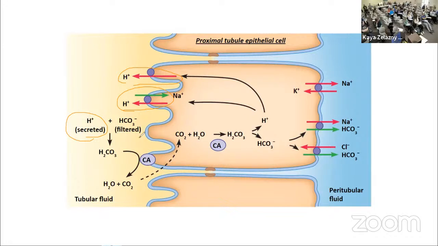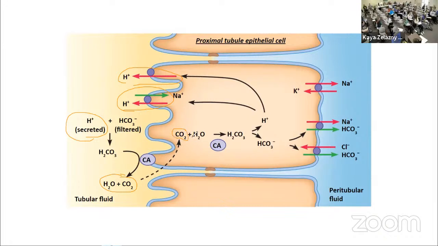Okay. And we can see here that we are ultimately reabsorbing some bicarbonate. The way that we're doing that is through a little bit of a conversion process. So we take some bicarbonate ions that have been filtered into the nephron from the glomerulus, just like everything in the plasma other than the proteins. Ultimately, we convert that to carbonic acid, then to water and CO2. CO2 is what actually crosses into the cell itself. So that can diffuse across the membrane because it's small and nonpolar.